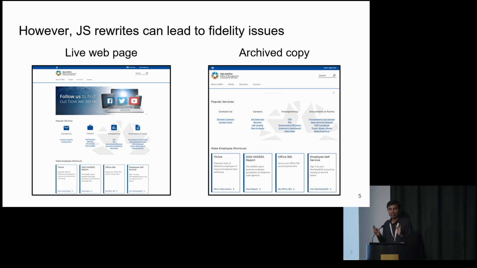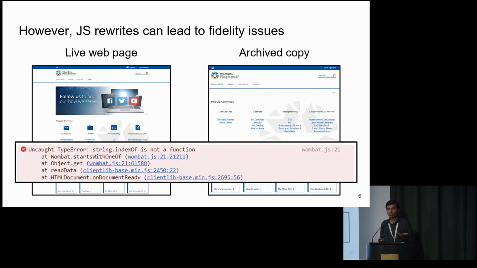Everything on this has been perfectly captured using a browser-based crawler. But when you replay, unfortunately, the carousel is missing, many of the images are missing, and so on. Why does this happen? Because when you replay the page, because of bugs in rewriting the scripts, you end up with runtime errors, which halt the execution of the scripts, and in turn, everything on the page doesn't load.